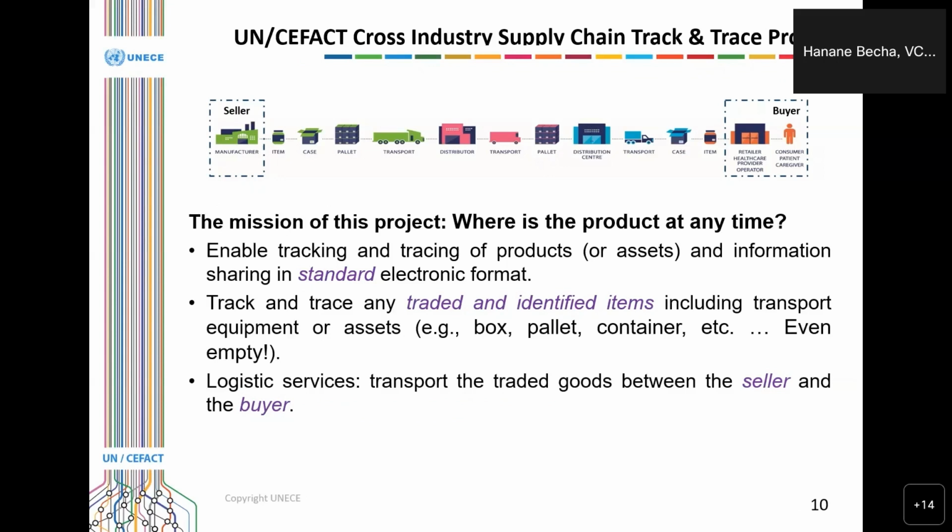So we have different digital streams enabling this track and trace for the cross-industry supply chain. And thanks to this track and trace, we worked on addressing the gaps in multimodal transport cases, since we have different IDs used in rail, road, maritime, and air, as I mentioned earlier.